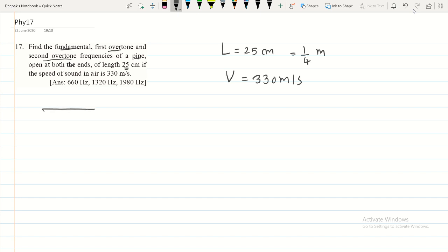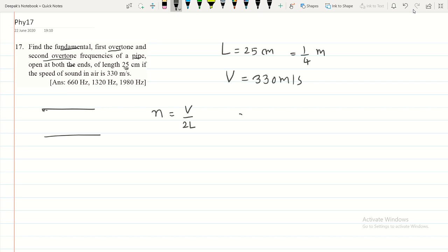Now that pipe I'm going to draw over here, the pipe which is open at both ends. In a pipe, the frequency in the first mode, the fundamental frequency, n, is equal to V upon twice L. V upon twice L is nothing but the fundamental frequency, the zero overtone or first harmonic.